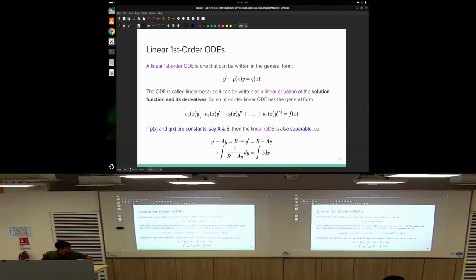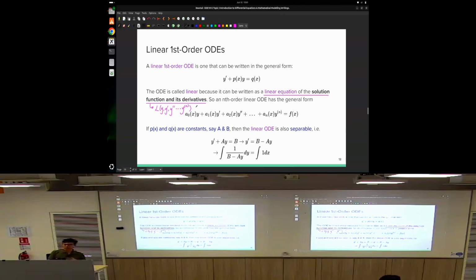So this is linear. You notice it's a linear function of y, y prime, y double prime, and so on, until the nth derivative. So this is called a linear ODE.